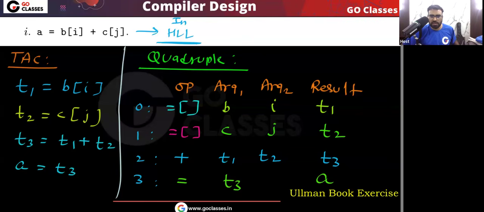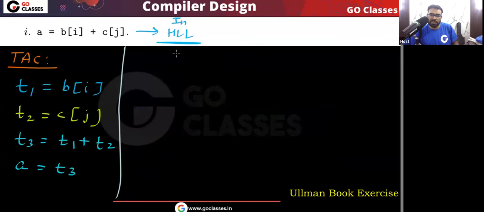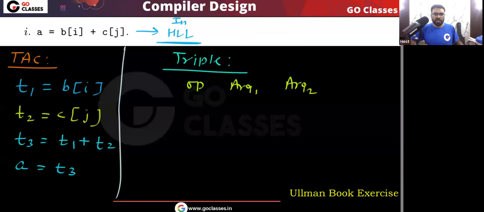I hope you understood. Now let's see the triple representation. In the triple representation, we have operator, argument 1, and argument 2. There is no result field. Remember, by default, the position numbers start with 0.